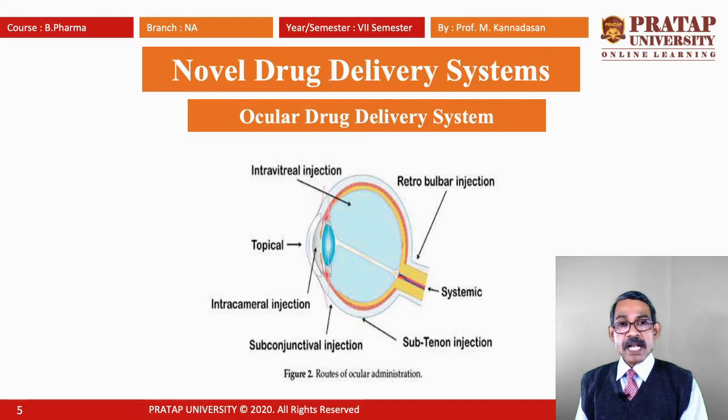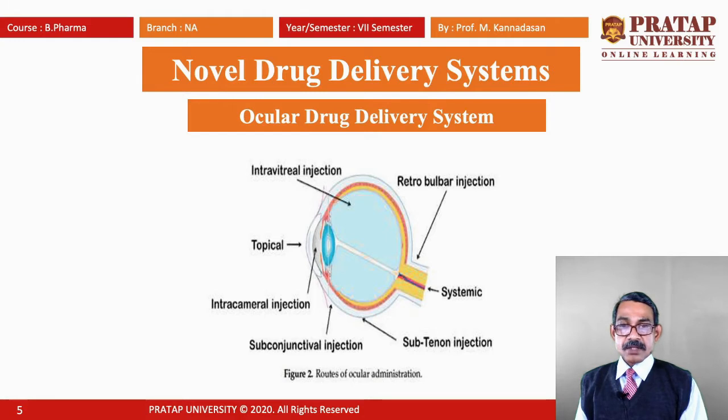From the top, in the clockwise direction, I am explaining. Retrobulbar injections are injected near the back side of the eye. Then systemic, the blood circulation route, the blood supply to the ophthalmic system. Below that, subtenon injection on the surface of the eye.